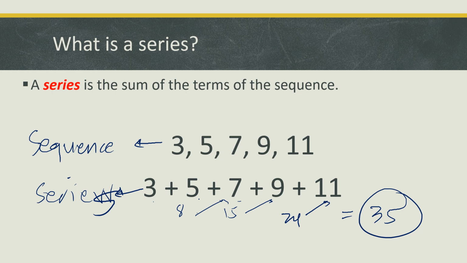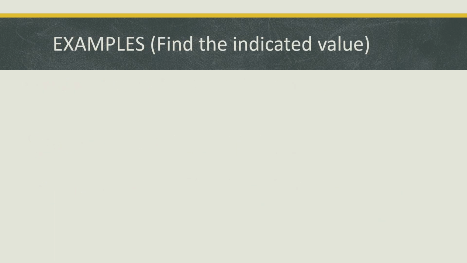For more understanding, here are some examples of the series. Say for example, we have here 2 plus 4 plus 6 plus 8. We need to find the series of 8 terms. If you have observed, we only have 4 terms. For us to get the series of the given 8 terms, we have to know the next 4 terms.